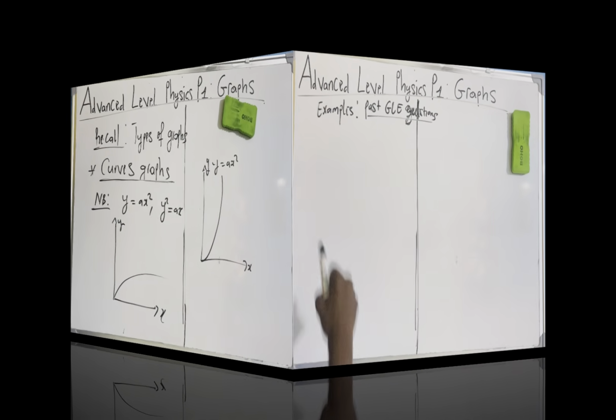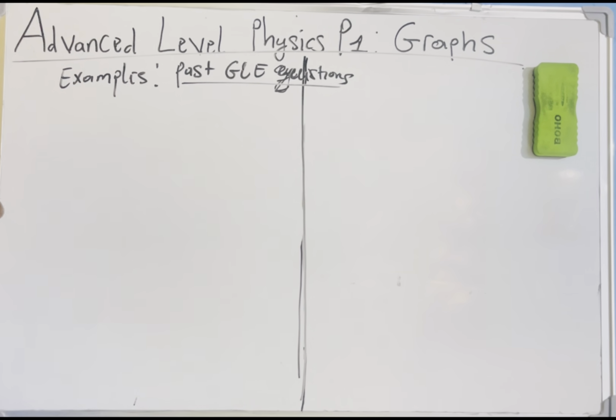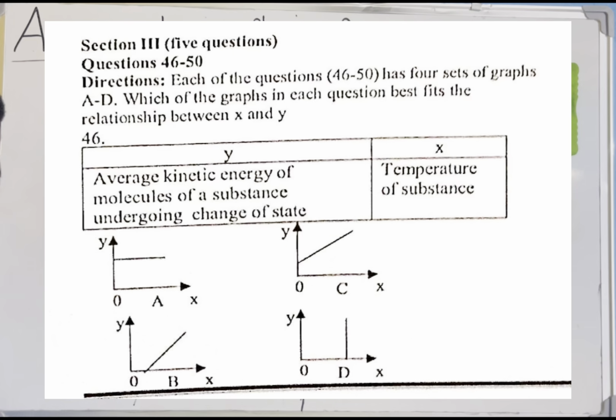Now, with our example, let me first of all read the instructions. This is section 3, 5 questions. The questions are going from 46 to 50. Each of the questions from 46 to 50 has 4 sets of graphs, A to D. Which of the graphs in each question best fits the relationship between x and y?